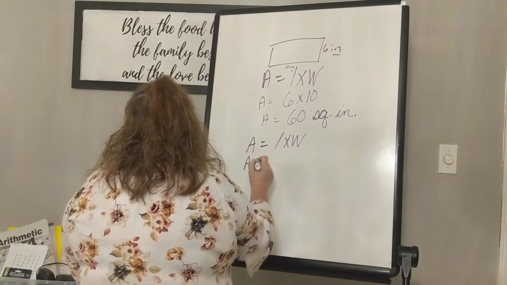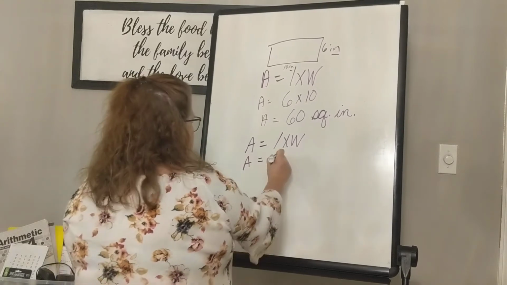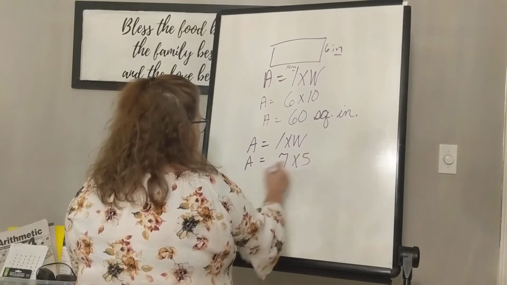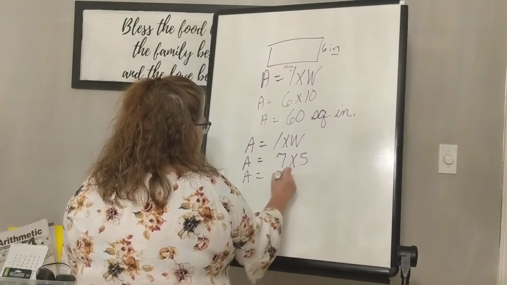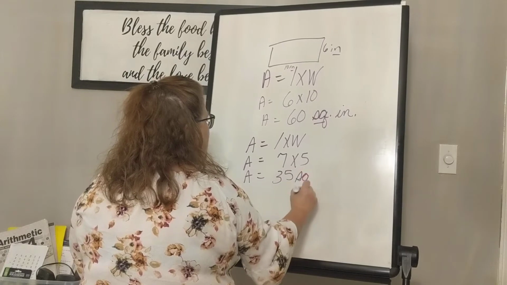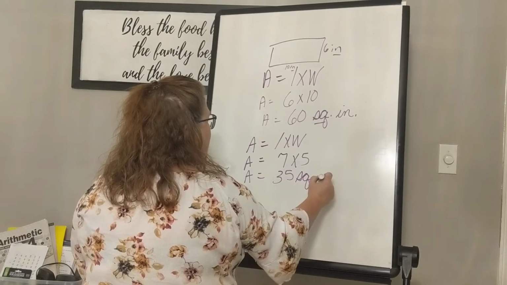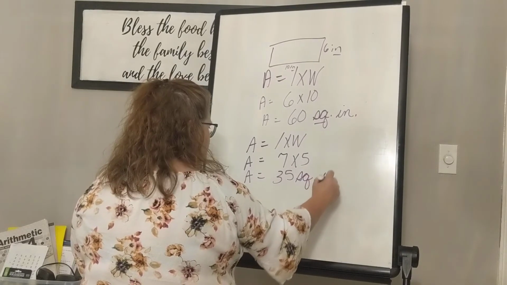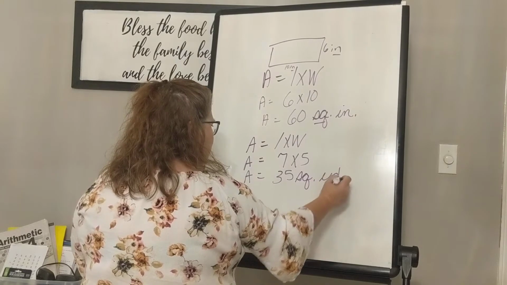So area equals 7 times 5. Area equals 35. Square has to be in your answer or it is not correct. Square, what are we doing? Yards. So that is how you will find your area.